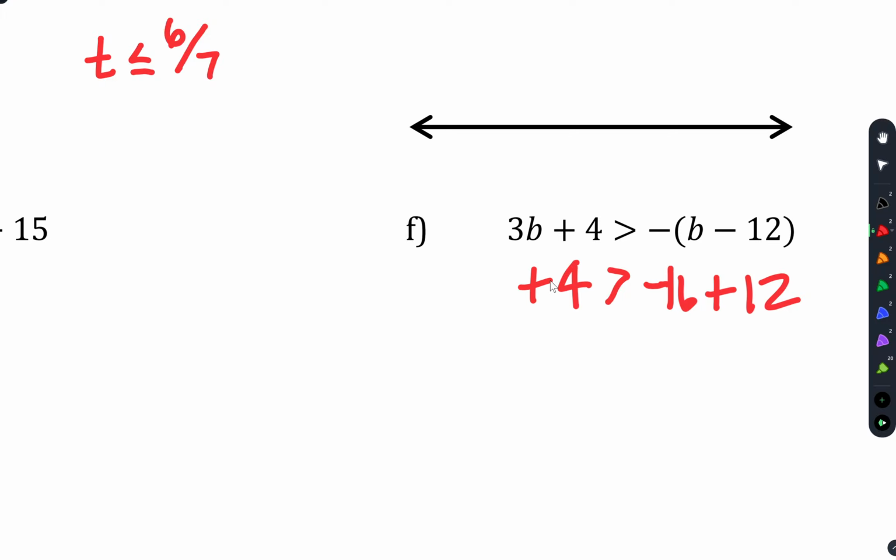I don't think it's 2. Did you do your subtraction right here? I think you did. Touch your subtraction again. 320 minus 200 is 120.